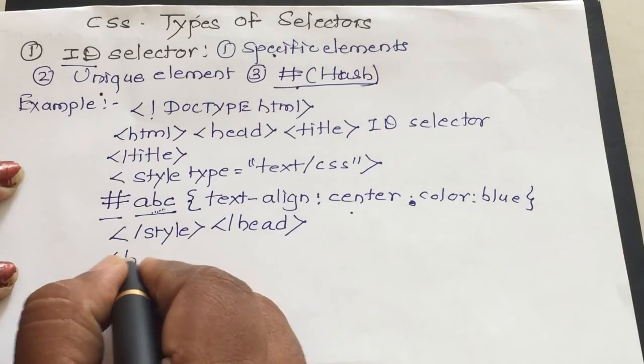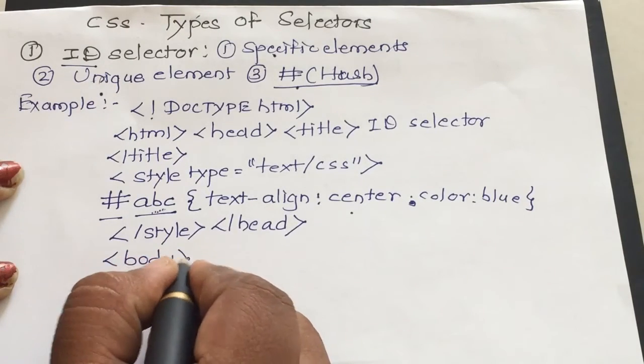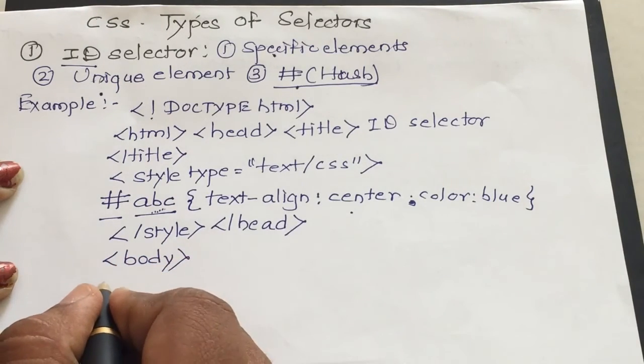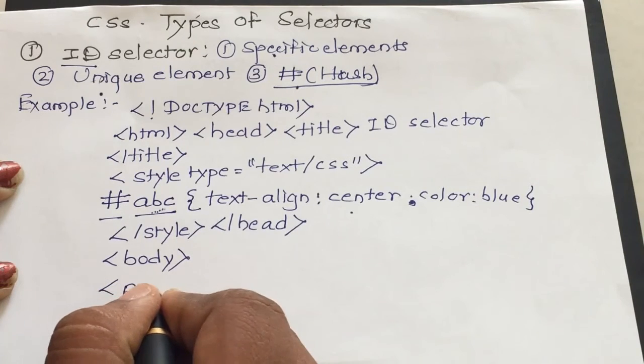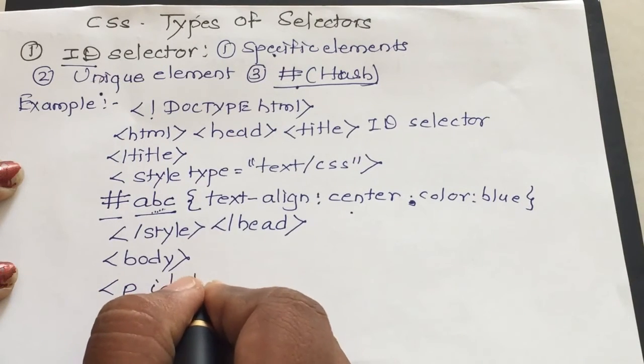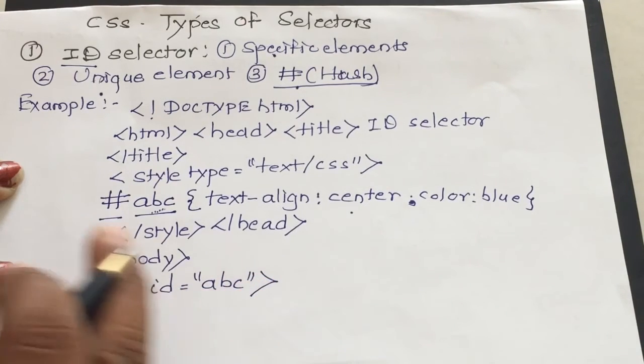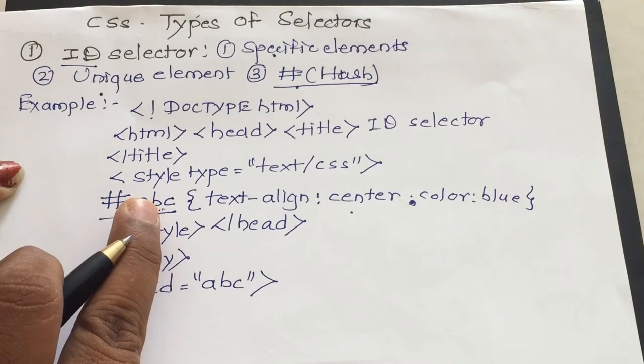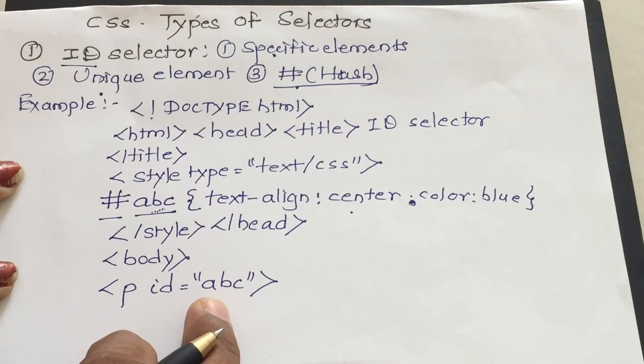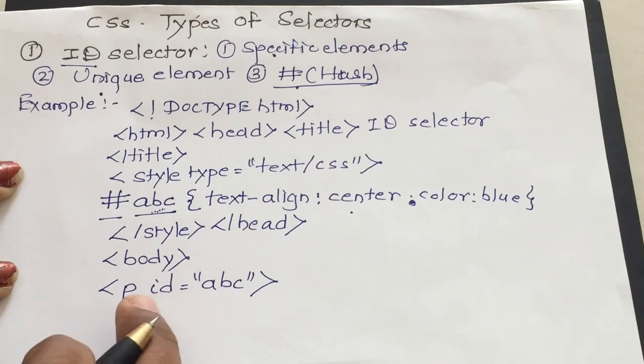So now this I have to use in my main section, that is in the body section, as I will write P ID equal to ABC. Whatever name for the ID I have given, the same name you will use in the paragraph tag, that is ID equal to ABC.